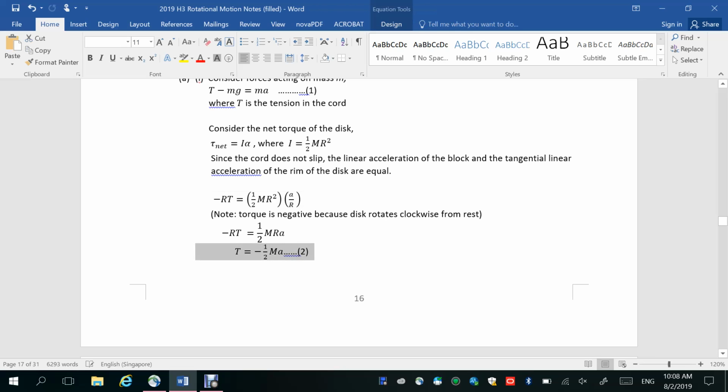I won't want to use equation 1 because the mass of the disk does not come into the picture. In equation 2, when M is 0, the tension will be 0.